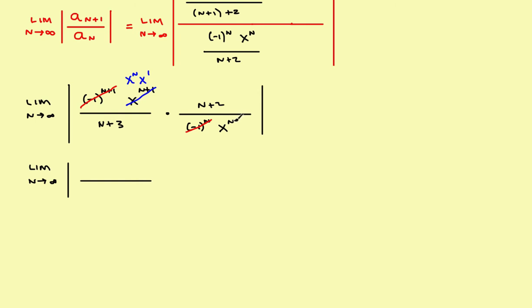The denominator, I've got an x to the n. This x to the n will cancel out this x to the n. And the only thing that's left in the numerator, I'll have this x, and I'll have this n plus 2. Then in the denominator, I've got an n plus 3, and when it simplifies, it turns into that.